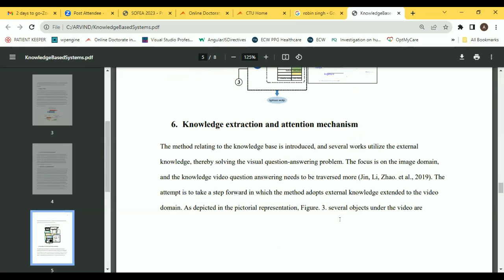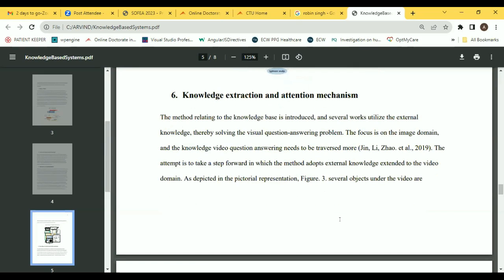And then the next step would be the knowledge extraction and then the mechanism. The method which relates to the introduction of the knowledge base would utilize the external knowledge, thereby solving the question answering problem visually.